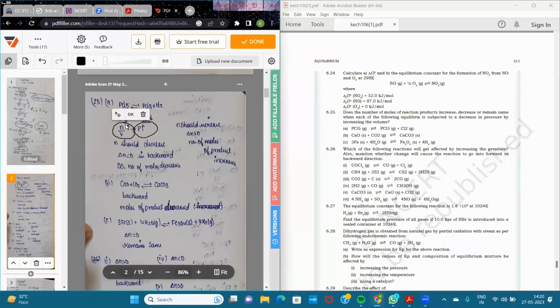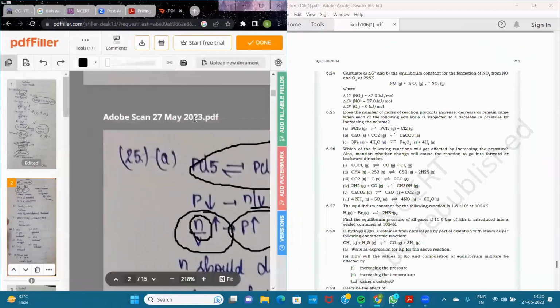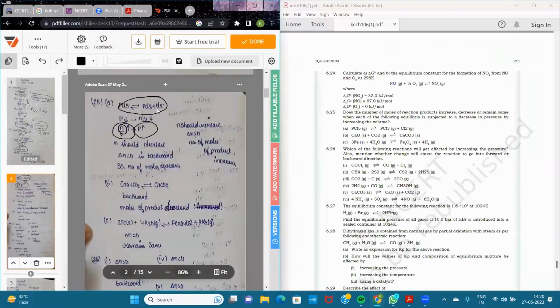So we need to decrease this ratio, so number of moles should decrease. In this first reaction, number of moles will increase if the reaction proceeds in the forward direction. But we need a decrease of number of moles, so the reaction would proceed in the backward direction to neutralize this change for the reaction.